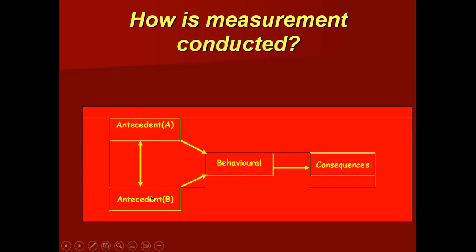And the quantity of these antecedents is measured. There are measurements that you conduct. You want to measure how much of antecedent A is there and how much antecedent B is there. And we also want to measure how much of the behavioral outcome is there. You quantify. That's why the research is quantitative. And then there are other tools that we use in statistics to see how these are connected with each other and be able to explain the dynamics.